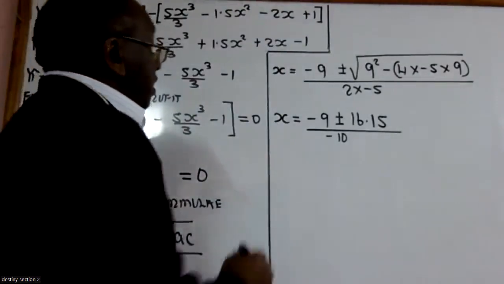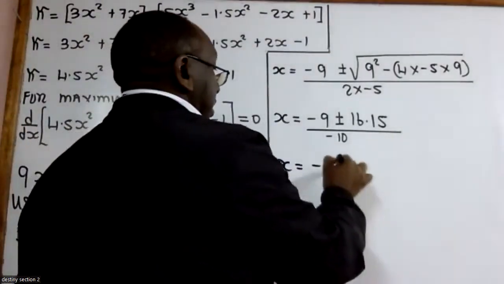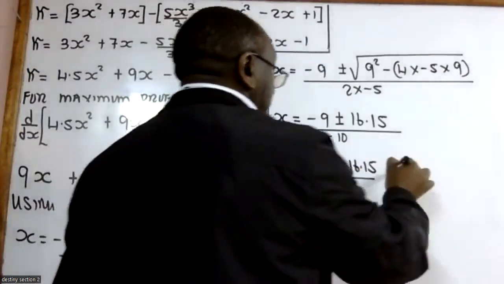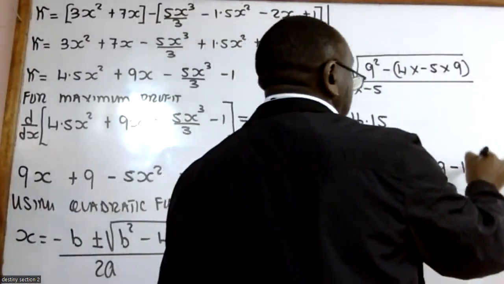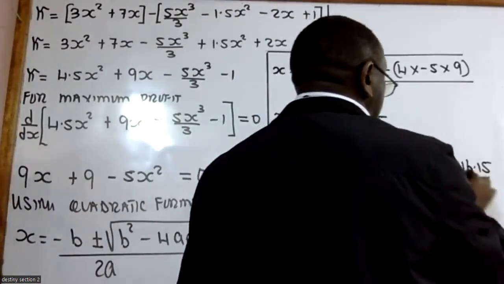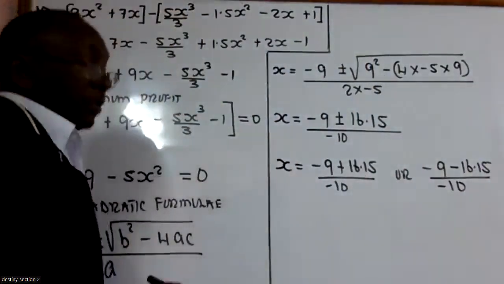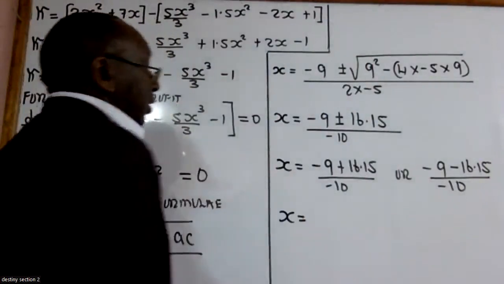Now, if that is true, then you say x is minus 9 plus 16.15 out of 10, or minus 9 minus 16.15 out of negative 10. These are negatives. So this becomes x.